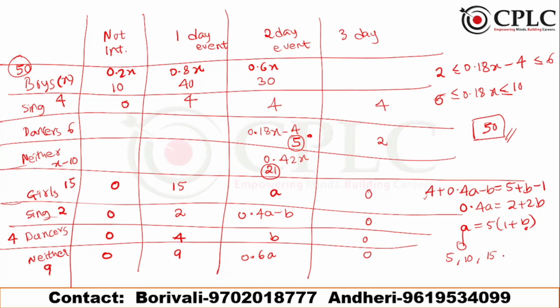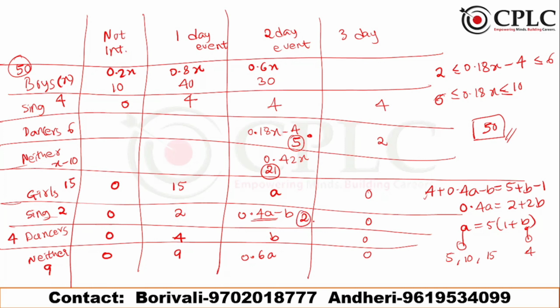But if you see, the maximum value of b can be 4, considering the other data points. That means 0.4a minus b, girls that are interested in a 2-day event and they are singers, that has to be only 2 basically.